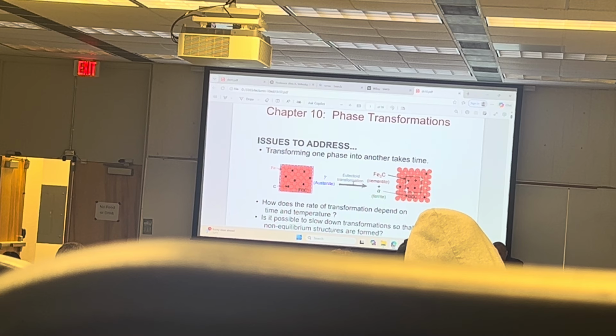Eutectoid transformation is what? Like eutectic, a liquid forms two solids, but eutectoid means in solid. So we had FCC, it forms BCC.